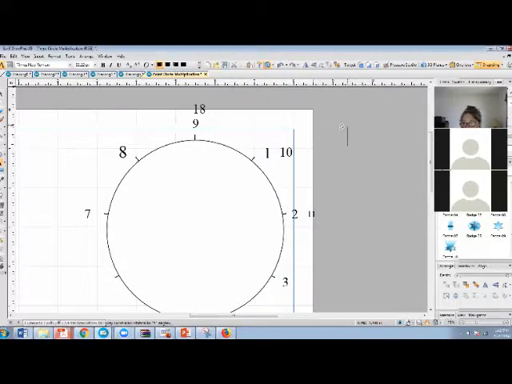I can't type. It's not typing for me. 6, 51 minus 15. So let's figure that out.